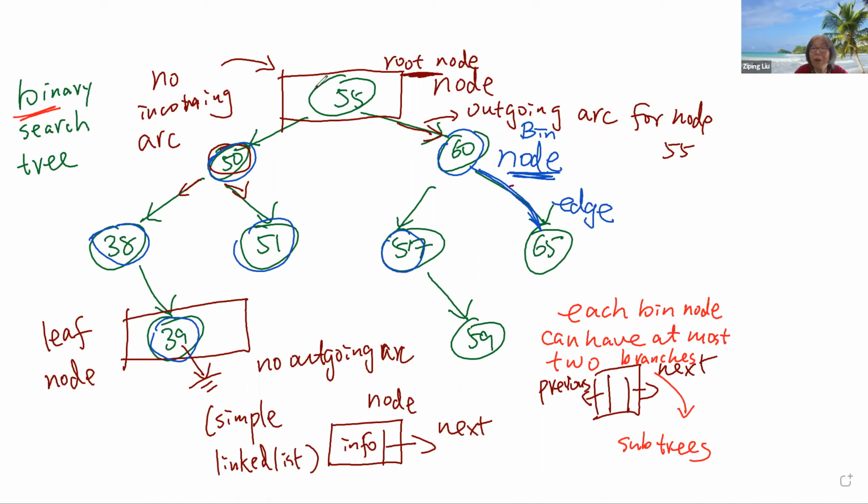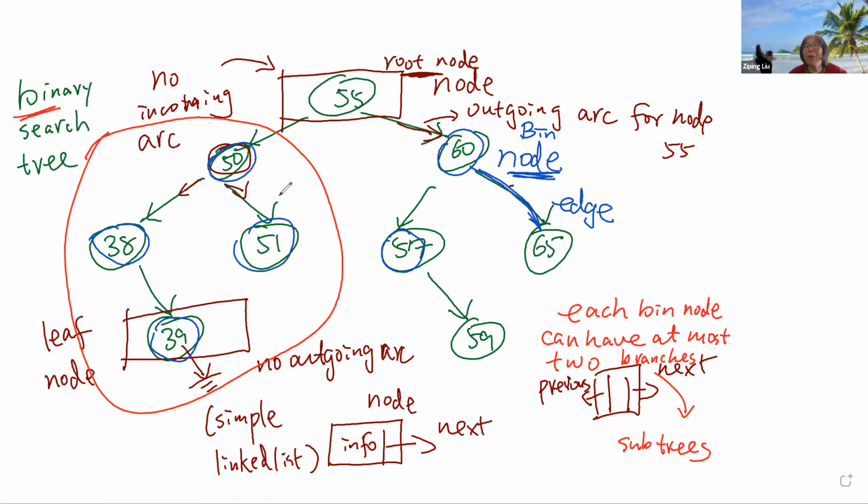Okay, so regarding node 55, the root node, and its left branch, the complete left branch, this is called a subtree. In this case, it's a left subtree.